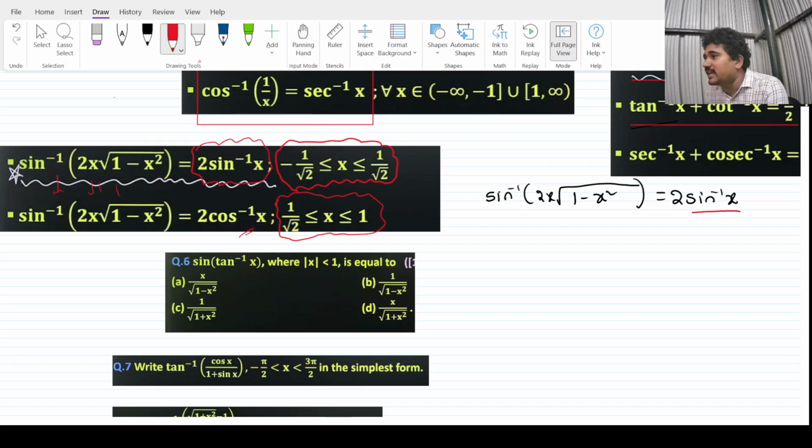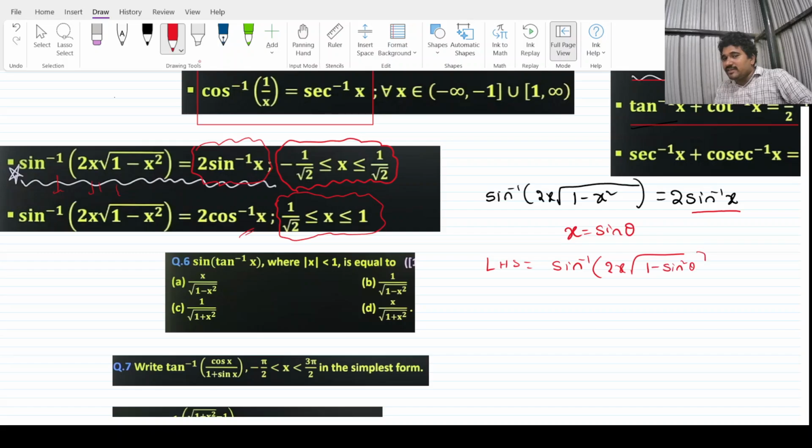Since he asked sine inverse x, in my mind I will treat x is equal to sine theta. So let's substitute now. LHS: sine inverse of 2x root of 1 minus sine square theta.